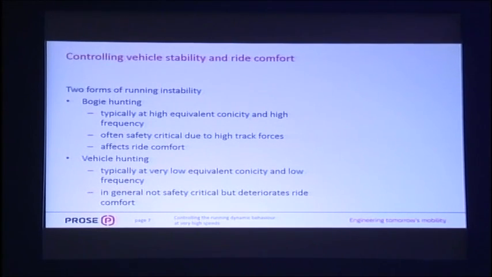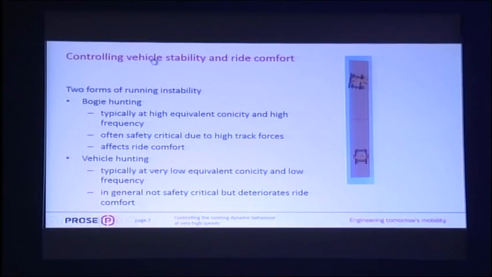So, now how can we control the vehicle stability? First of all, there are two forms of running instability. There is the bogie hunting. I show that. So the bogie hunting means the coach remains straight in line with the track, and the bogie makes lateral movements and rotational movements.